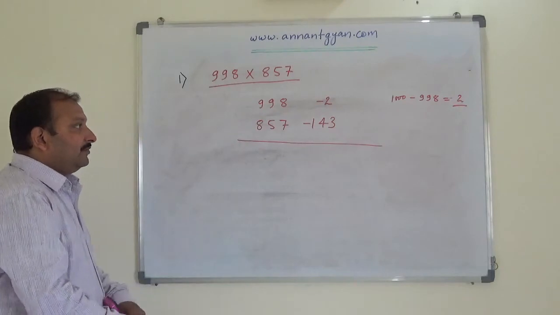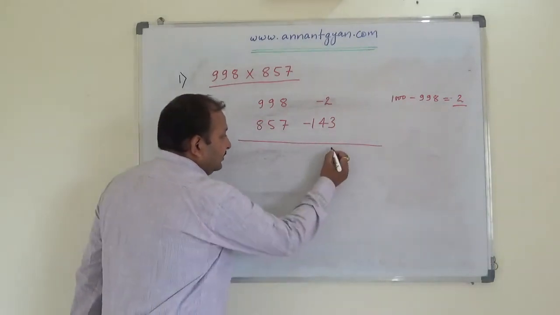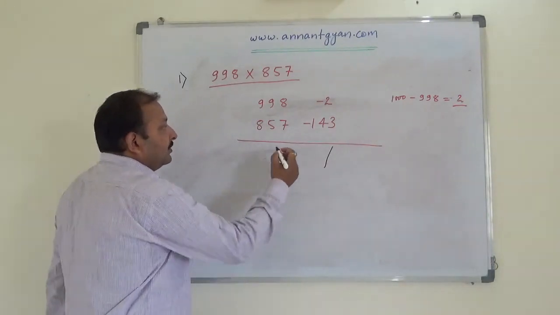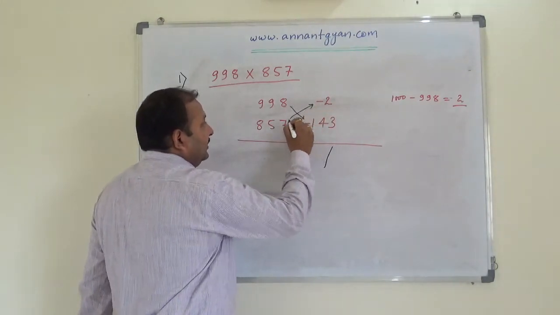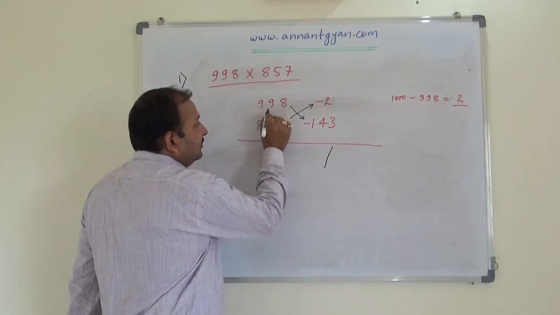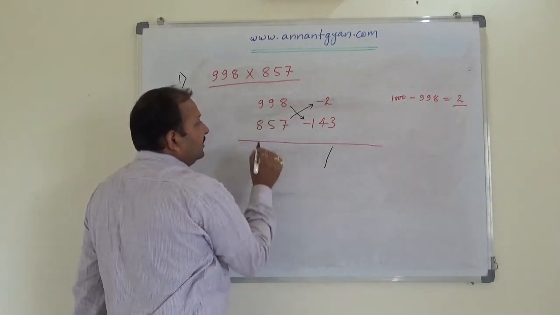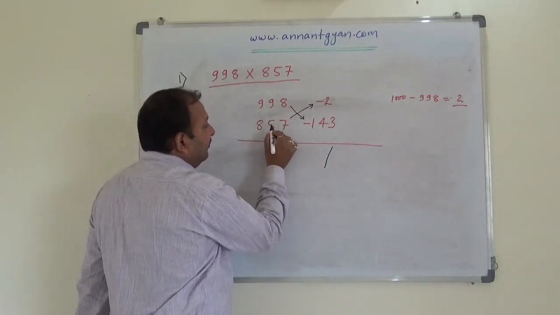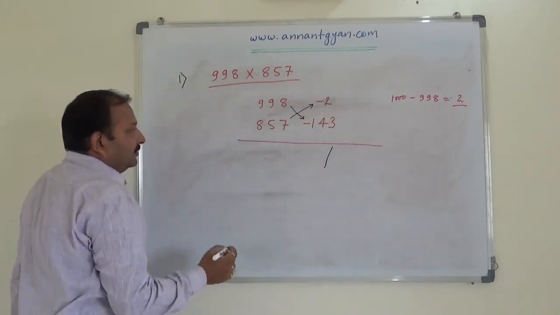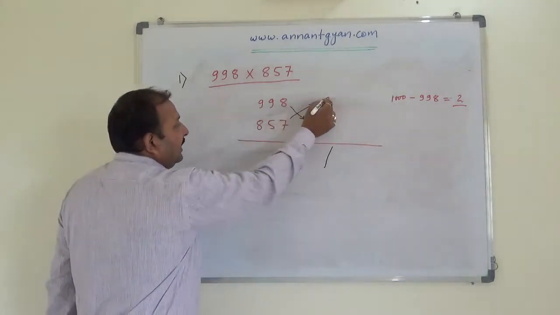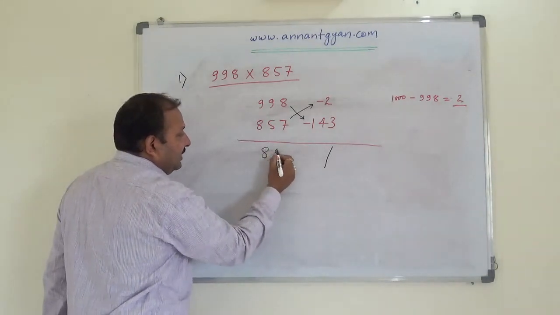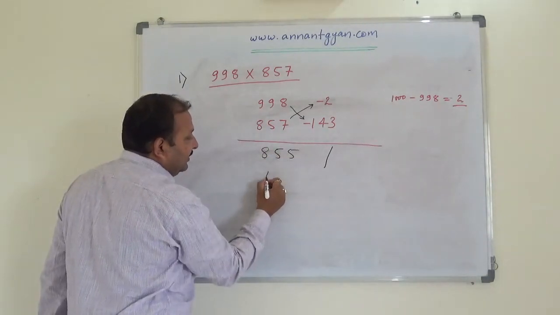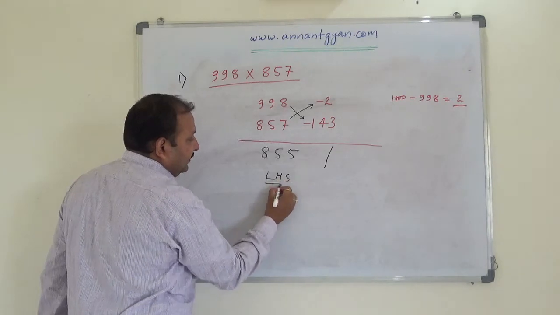Then we shall follow one process. So cross subtraction will be there. Either we shall subtract this particular number from this number, or we shall subtract this number from that number. So 857 minus 2 is very easy. So we shall get 855 here in the LHS of the result.